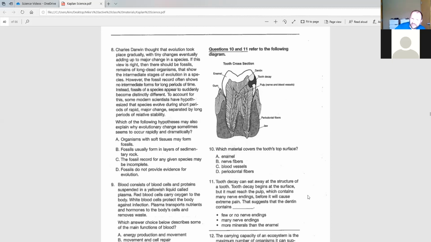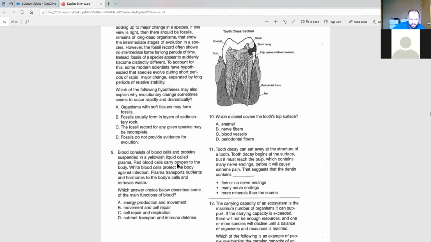If it doesn't become painful until it reaches the pulp, then it's implying that the dentin doesn't have many at all, or hardly any nerve endings, because it's not painful, right? So few or no nerve endings. There's your answer, okay?